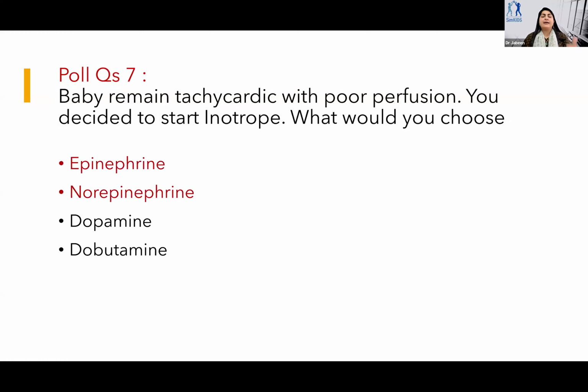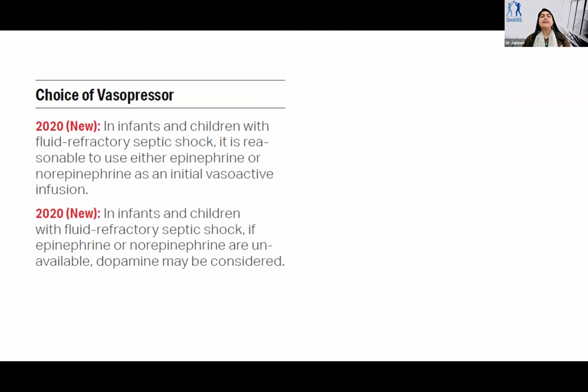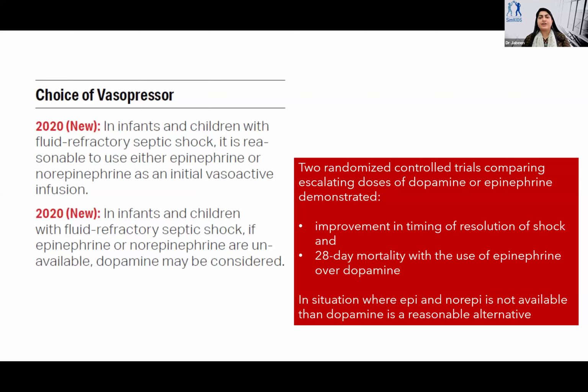norepinephrine. Perfect. As per the 2020 guideline, it is reasonable to use either epinephrine or norepinephrine as an initial vasoactive infusion. Two randomized controlled trials comparing escalating doses of dopamine or epinephrine demonstrated that when epinephrine was used, there was improvement in timing of resolution of shock, and the 28-day mortality with epinephrine use was better than dopamine.